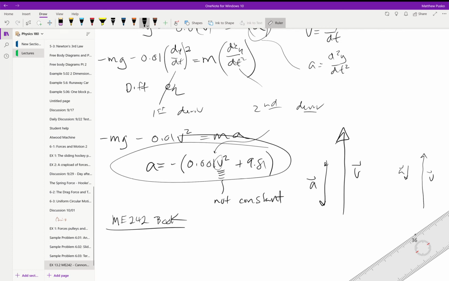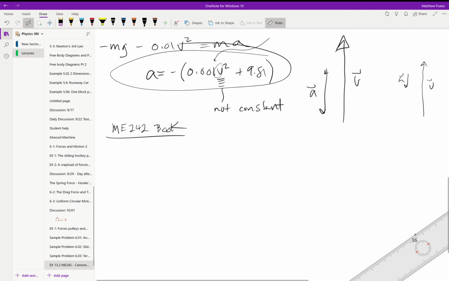We can say, hey, remember, velocity by definition is equal to ds dt, change of position with respect to time. Acceleration by definition is equal to dv dt. I did this for y'all too. We can set each of those equal to dt and set them equal to each other, and we get v dv is equal to a ds.